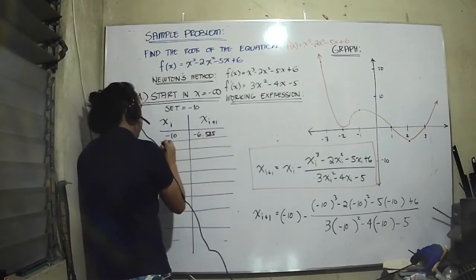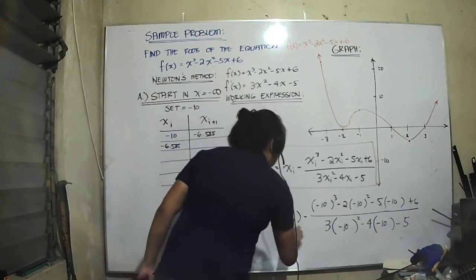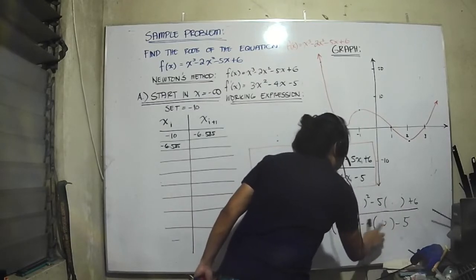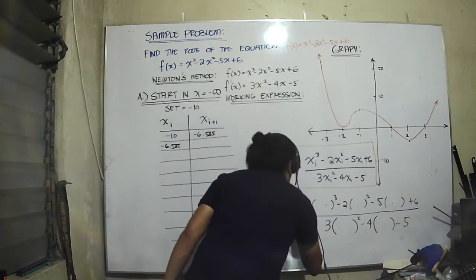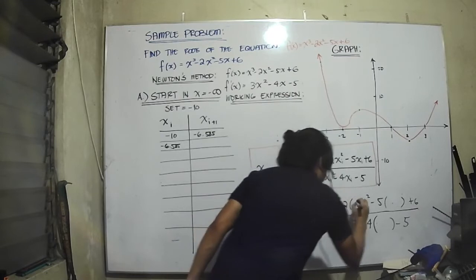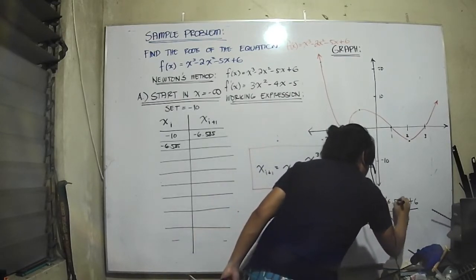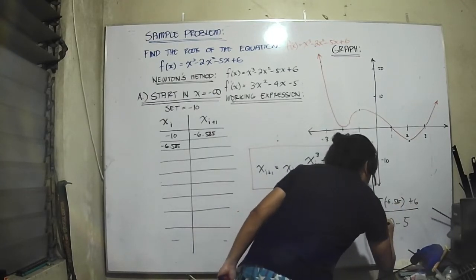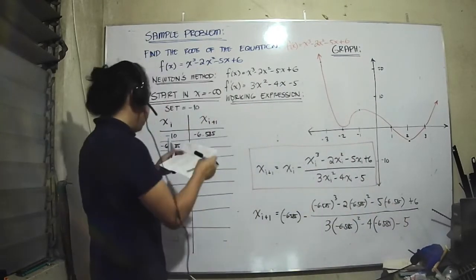Now I exchange it and plug in negative 6.585 in the formula.